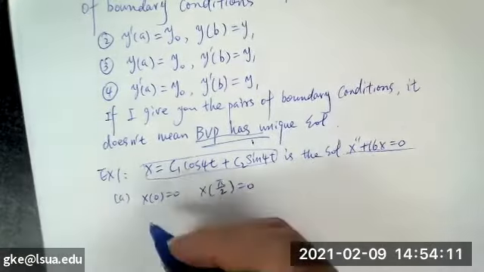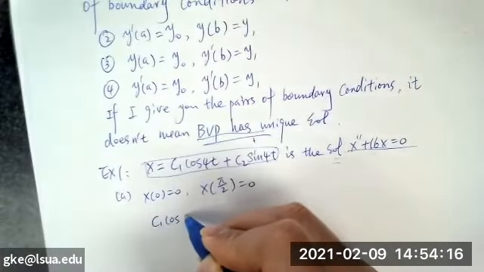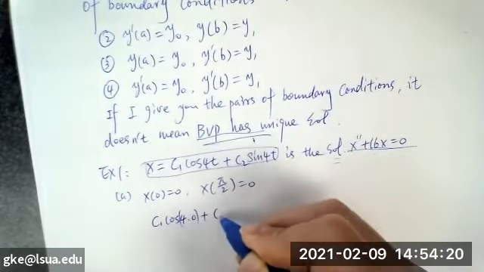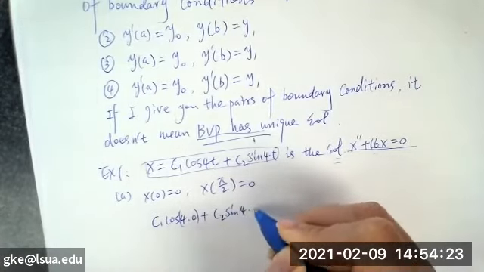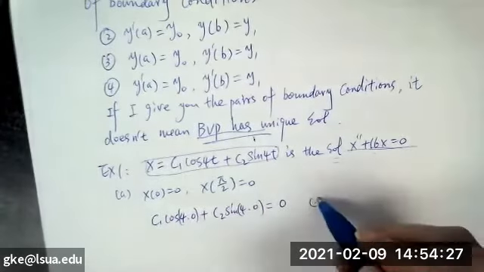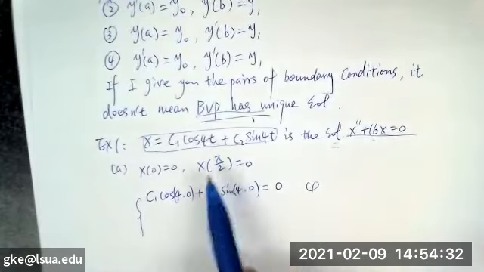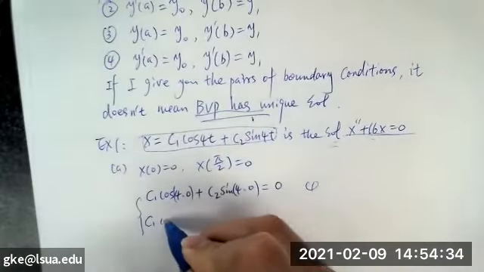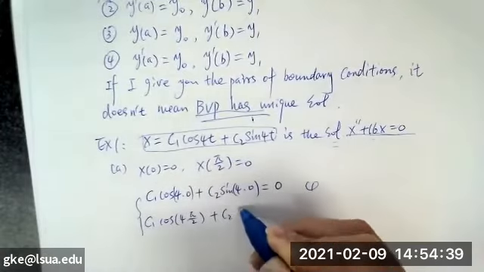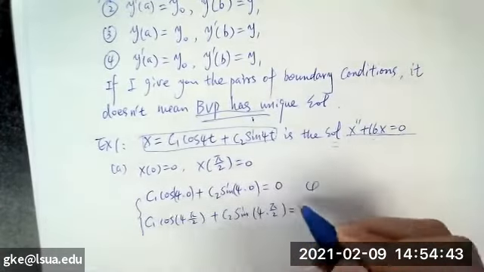So plug in t equals 0, that equals 0. Right? That's the first condition. Second condition, when t equals pi over 2, that guy equals 0.